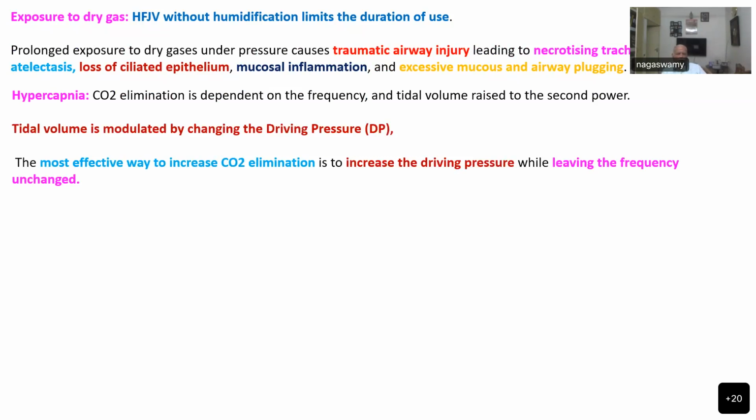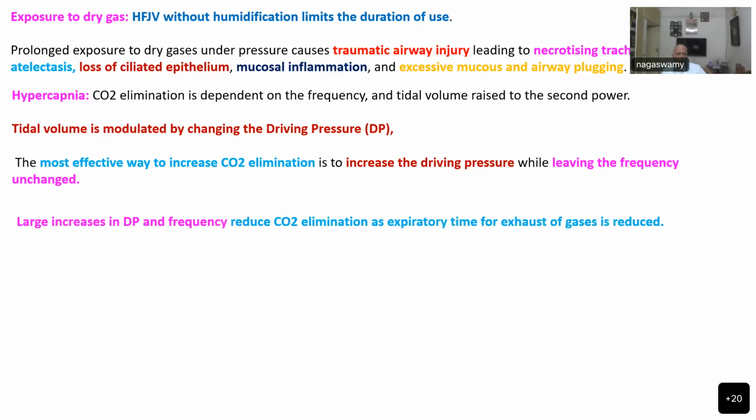Because in normal ventilation, we try to hyperventilate. We increase the respiratory rate always to eliminate the CO2. Whereas in jet ventilation, you have to increase the driving pressure and not the frequency. Because that increase in frequency will have less time for CO2 elimination, and so more accumulation of CO2 will happen.